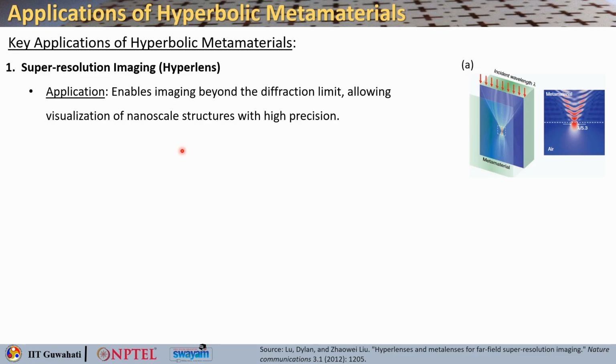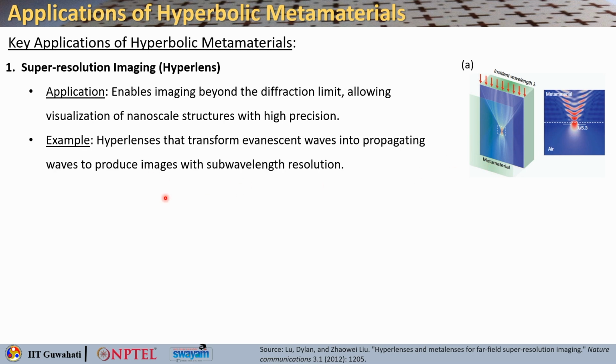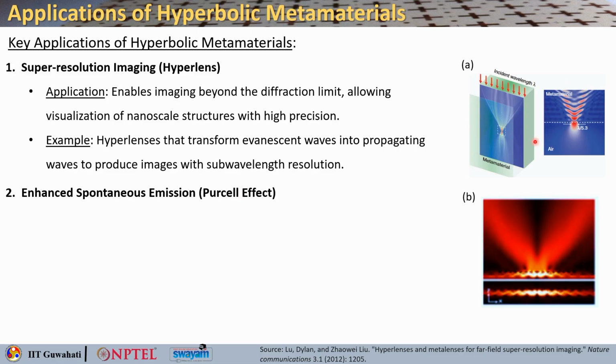This application enables imaging beyond the diffraction limit, allowing visualization of nanoscale features with high precision. The hyperlens can transform evanescent waves into propagating waves to produce images with subwavelength resolution, and that is because hyperbolic metamaterials can support large wave vector modes.